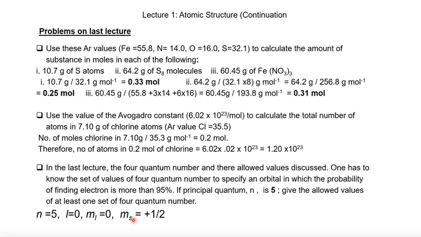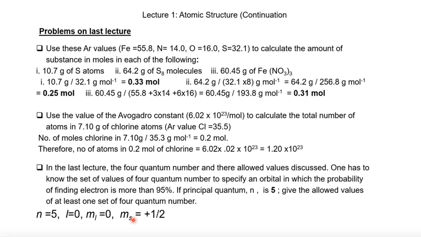The mass of sulfur, that is 10.7 gram of sulfur. Similarly, 62.8 gram of S8 molecules. And the third one, 60.45 grams of ferric nitrate, that is iron(III) nitrate.